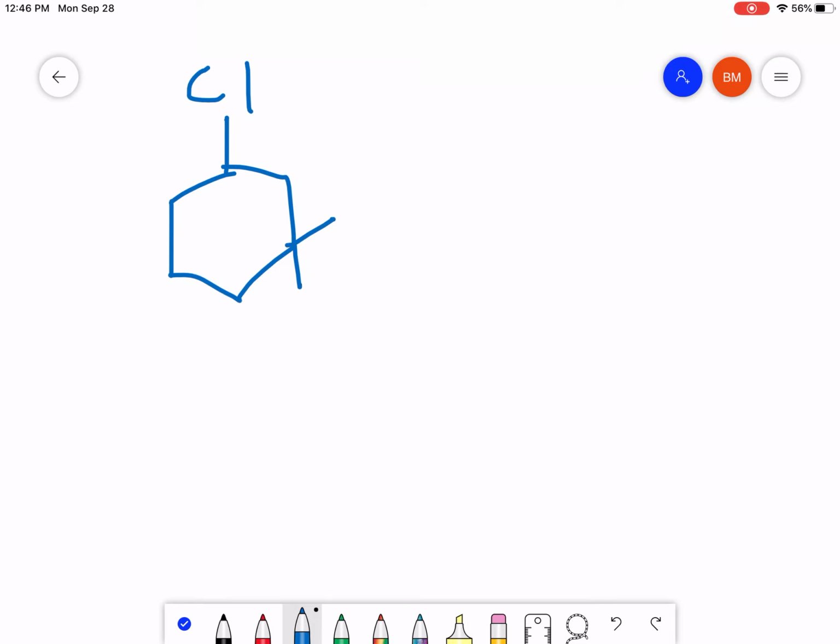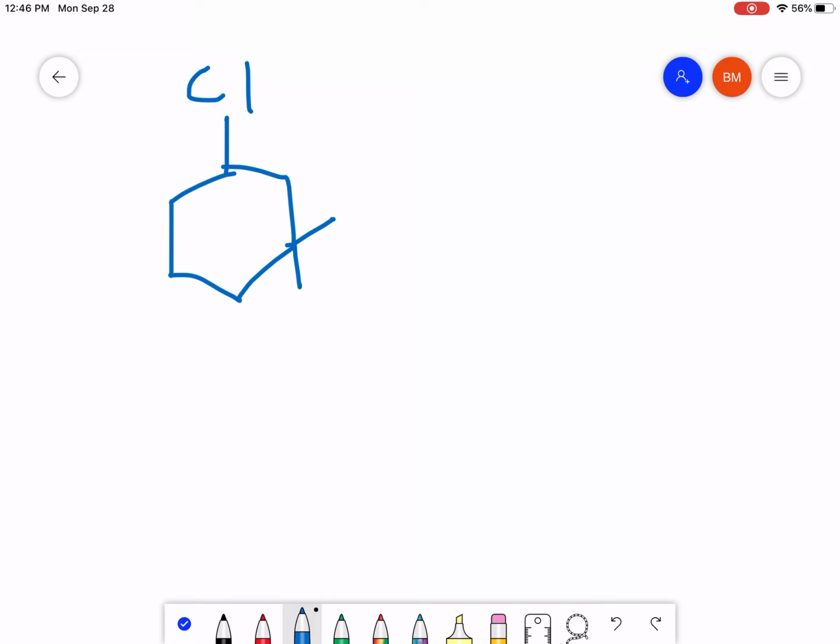How about this one? We have cyclohexane, we have a couple of methyl groups, and we have a Cl. Now, if we look at this, again, there's a couple of carbons we might suspect. This one over here with the 2 methyl groups, that's definitely not going to be stereogenic, right? Because you have 2 CH3s that are identical. This one with the Cl is going to be the one that we're really worried about.